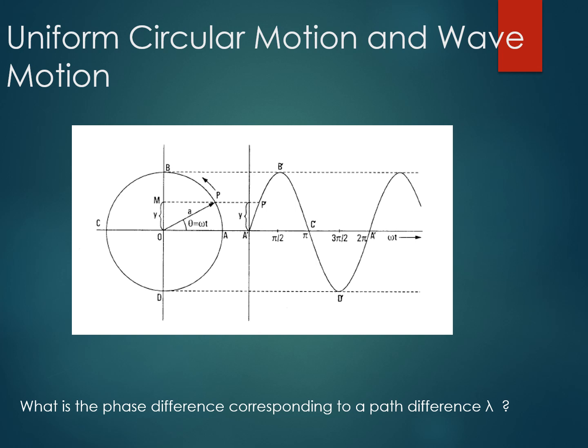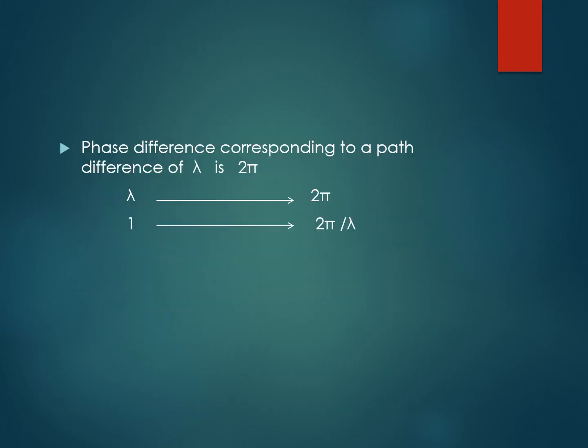Again, you must be familiar with this figure. The figure shows that uniform circular motion is equivalent to wave motion. Using this figure as a clue, can you say what is the phase difference corresponding to a path difference of lambda? The answer is 2 pi. That is, the phase difference corresponding to a path difference of lambda is 2 pi.